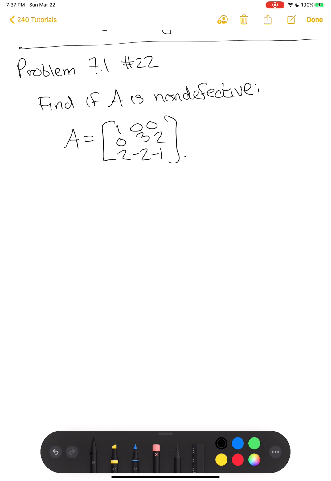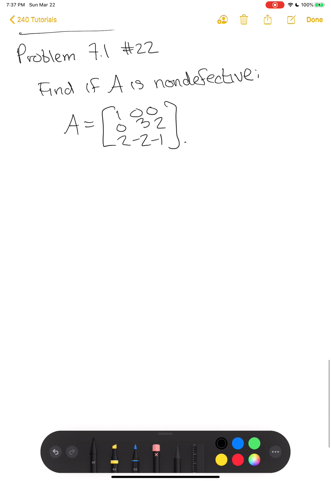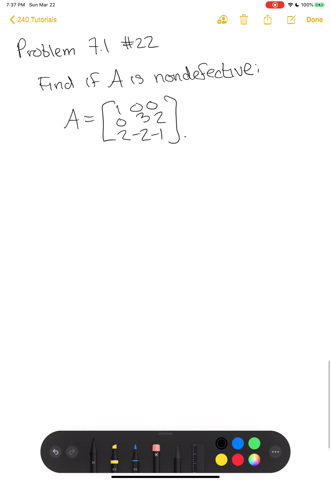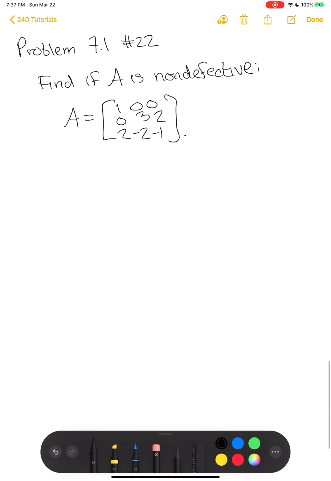Okay, so how do you approach a problem like this? Well, you need to go through and find all the eigenvalues and the eigenvectors anyway, because from what you get, you'll be able to determine the algebraic and the geometric multiplicities, and that will tell you if your matrix is defective or not.